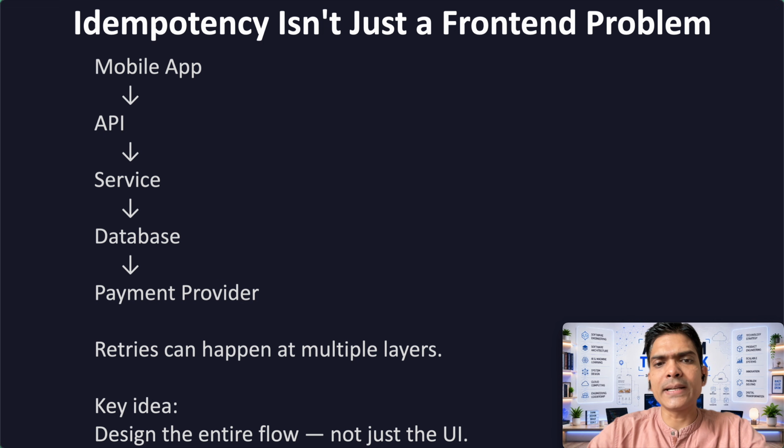Each of these layers could potentially create duplicates if not designed properly. So the key idea is to design the entire flow, not just the UI. Idempotency should be considered at every layer where retries can occur, especially for operations with side effects.